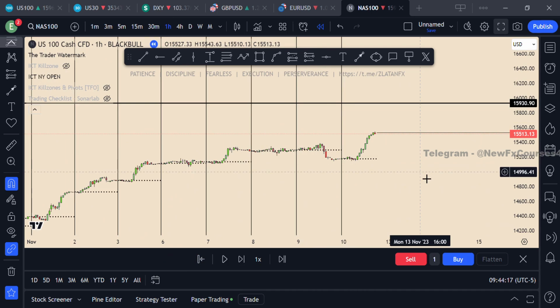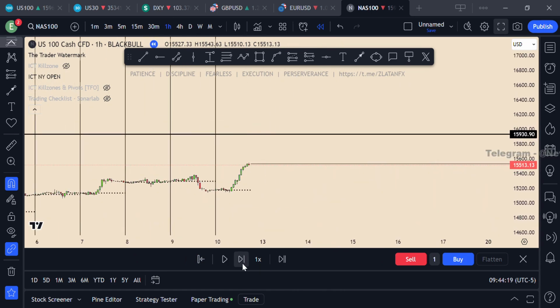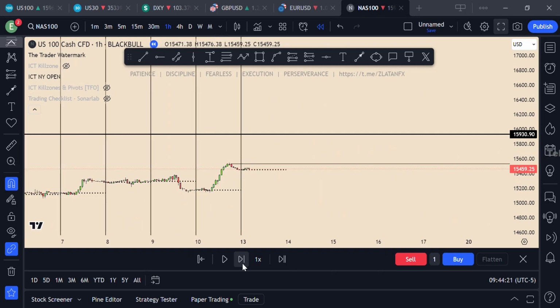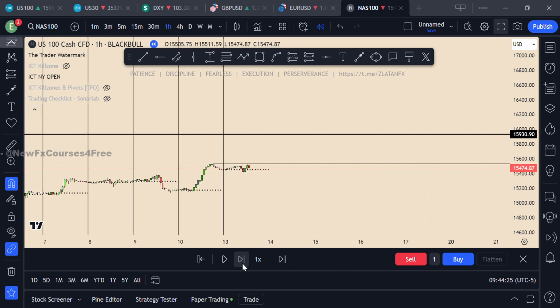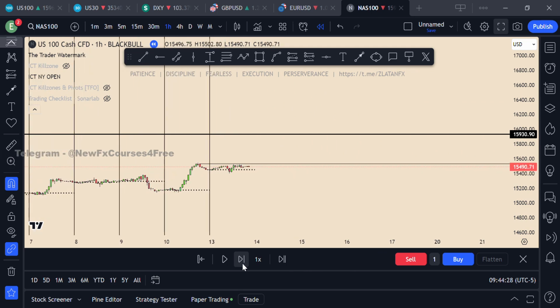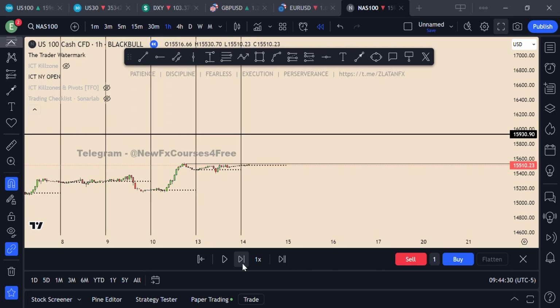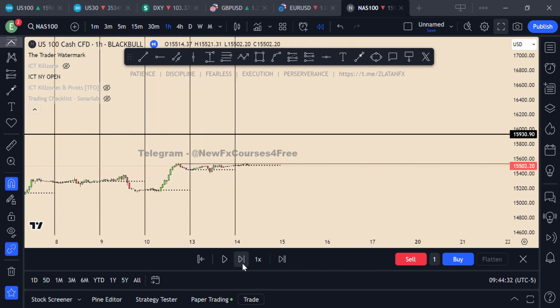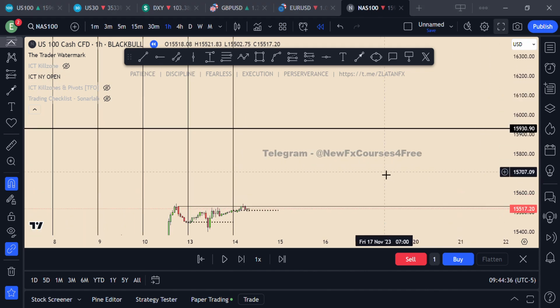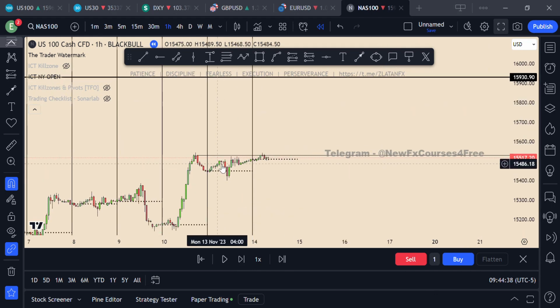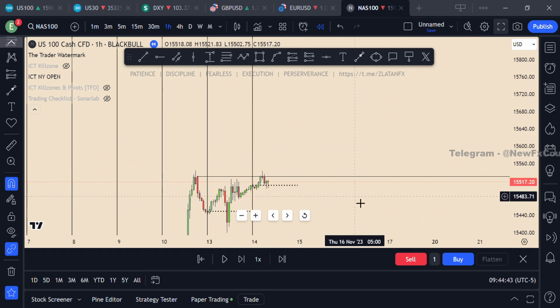So the market opens, we are bullish for the week. Now in a bullish week, we want to be buying below the weekly opening. In a bearish week, we want to be selling above the weekly opening. So now the market went below this guy, below the weekly opening, right?